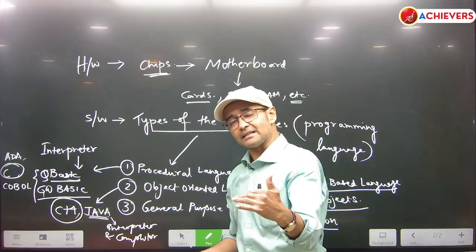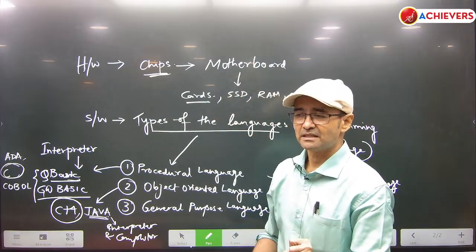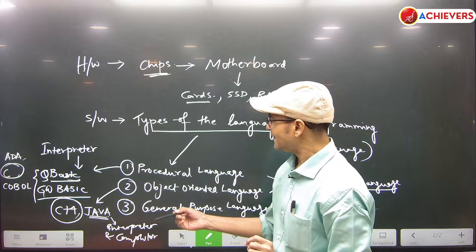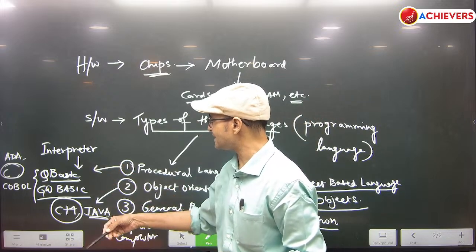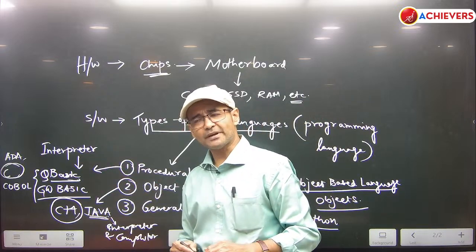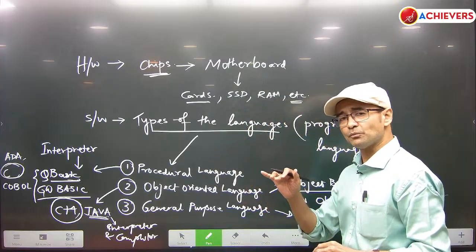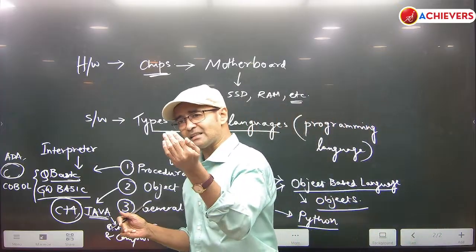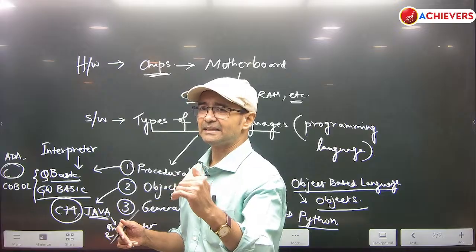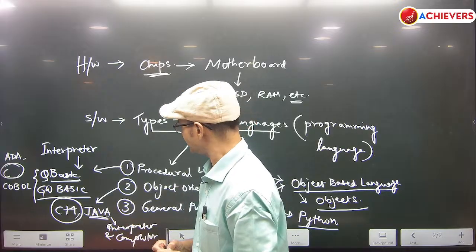So all the errors are given at once, not line by line like QBasic, GW-BASIC, etc. Whenever errors are given line by line, that is the concept of the interpreter.